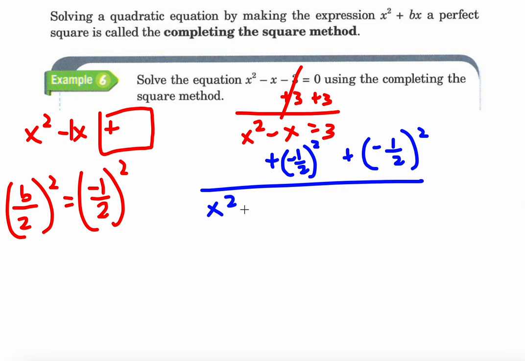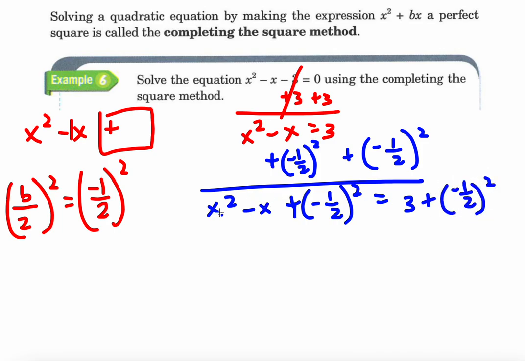So we end up with x squared minus x plus -1/2 squared equals 3 plus that -1/2 squared. We'll deal with that later. All right, now that we're here, I'm not simplifying this -1/2 squared because it basically tells me how I'm going to break it down.